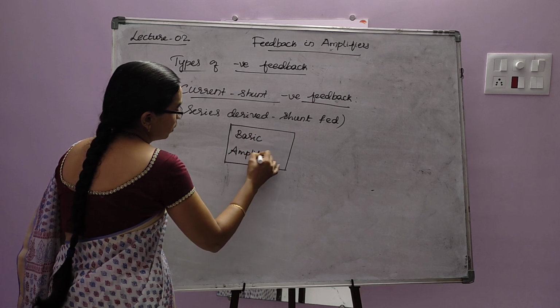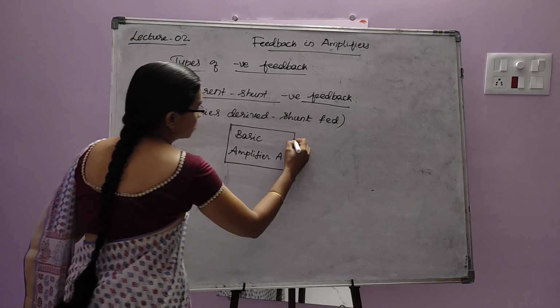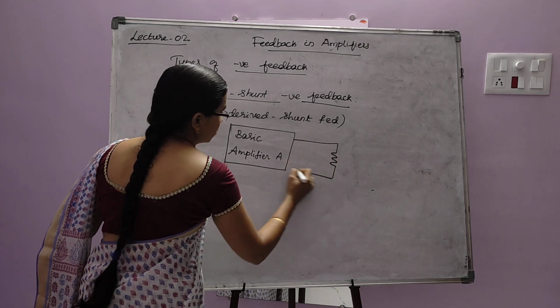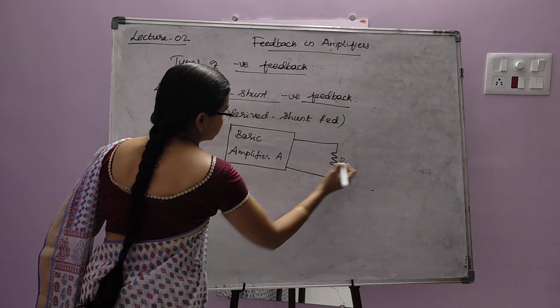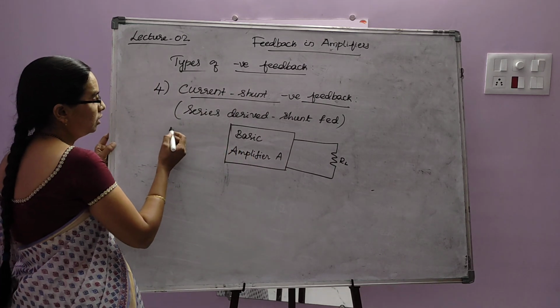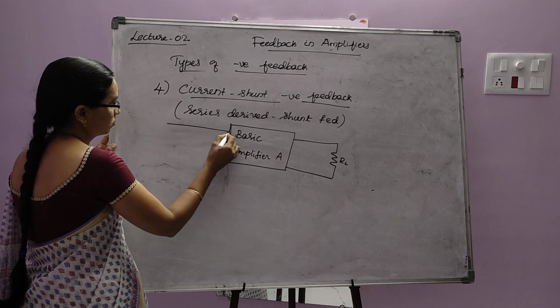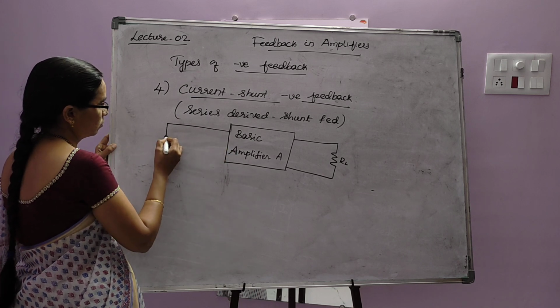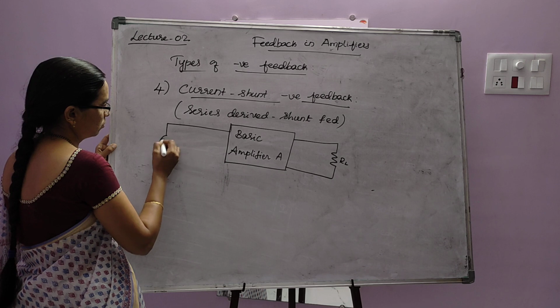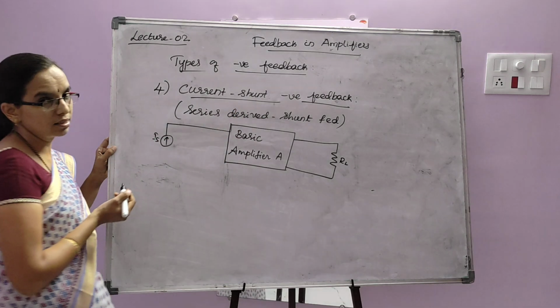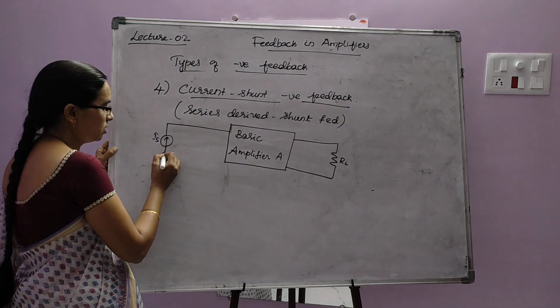These are not the circuit diagrams, these are the block diagrams. Actual circuit will be different from this. In the input side it is parallel connection, so I am taking current source.